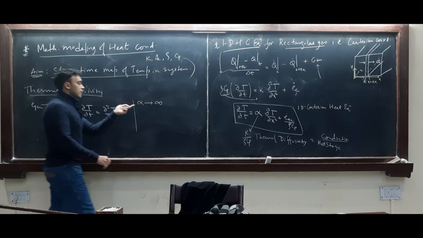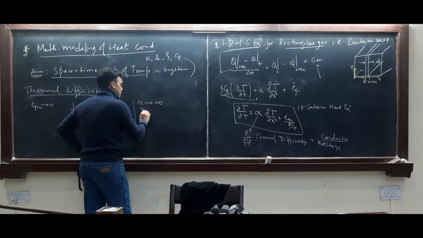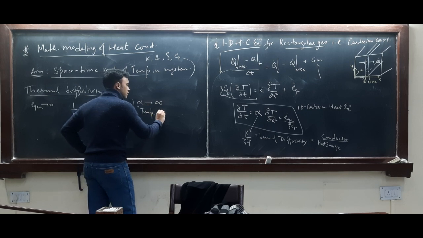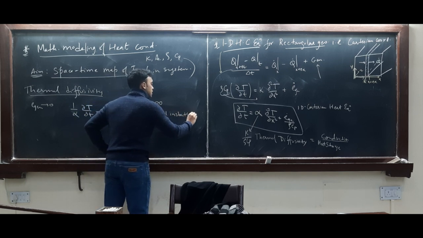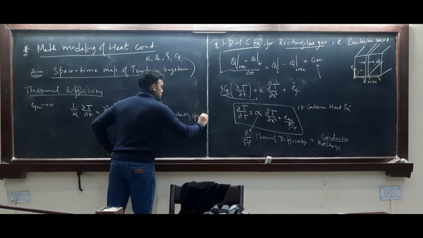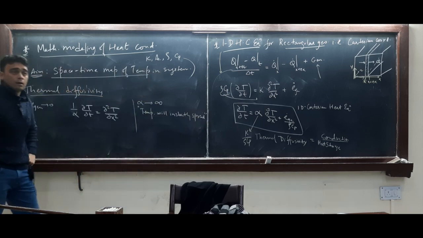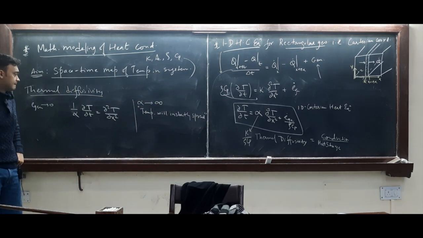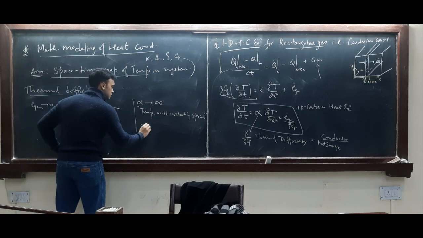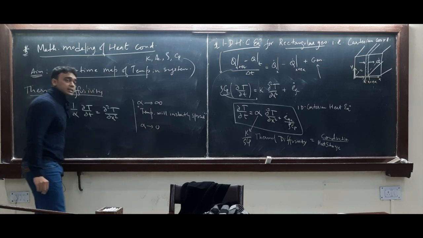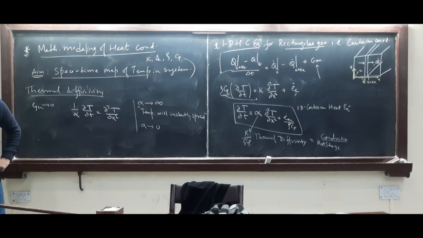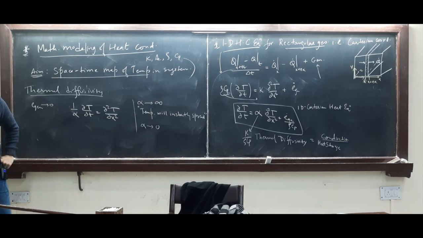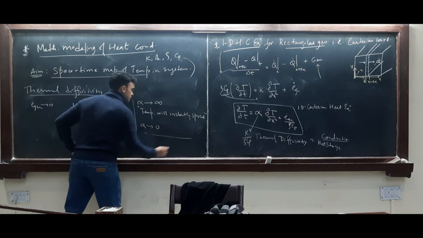So can I say this in very informal language? Temperature will instantly spread. Yes? If alpha is close to 0, then it will take infinite time to spread. Yes? So you can write this into a sentence.